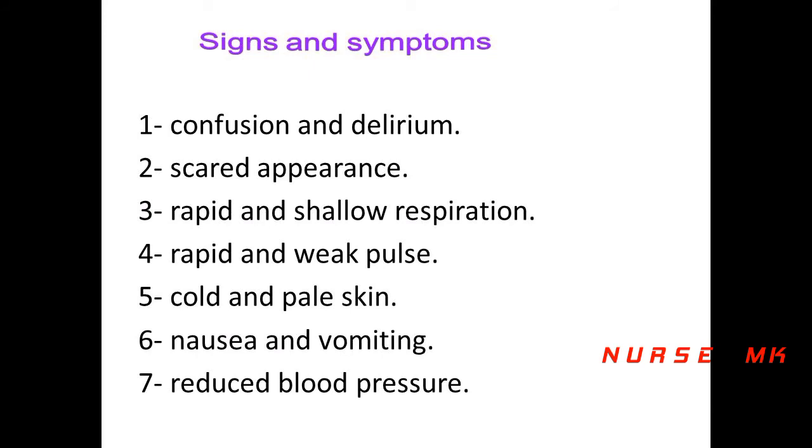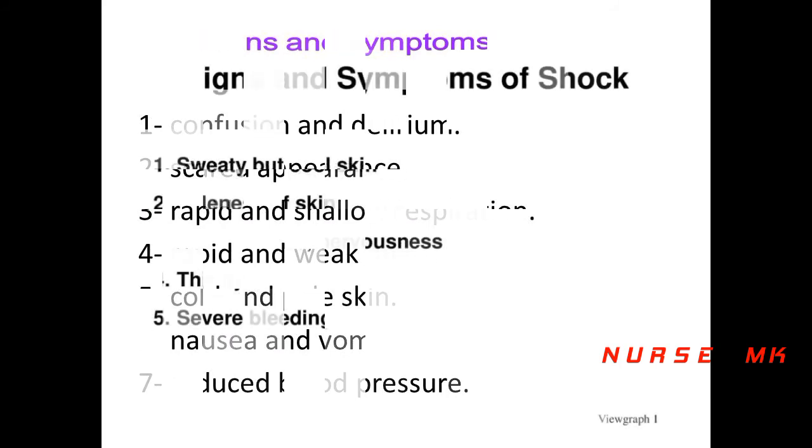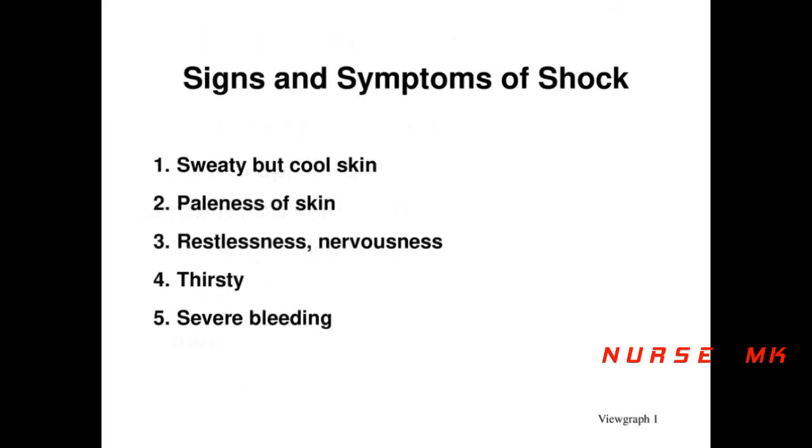This is a compensatory mechanism that the body puts in place so that it can combat the decrease in blood pressure. Cold and clammy hands and feet. This is due to poor blood supply to the body extremities. Restlessness, mental state changes.